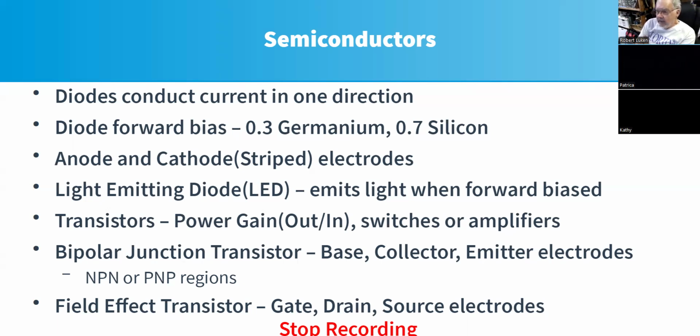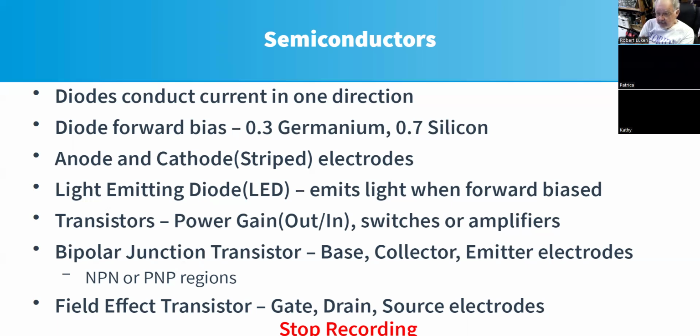The collector would be the most positive element, the emitter the negative, and the base would be the center piece, which is the controlling element. In the case of bipolar, it's a current device. So the amount of current that's going into the base to the emitter controls the amount of current that flows between the collector and emitter.